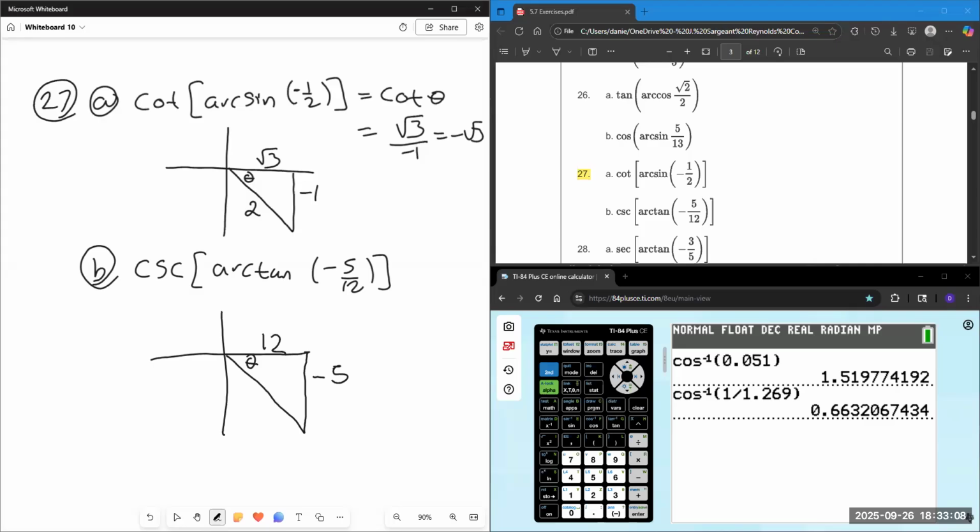And this is a 5, 12, 13 right triangle. So this is cosecant of theta, which is 1/sine theta. That's going to be hypotenuse over opposite, 13/-5, or -13/5.